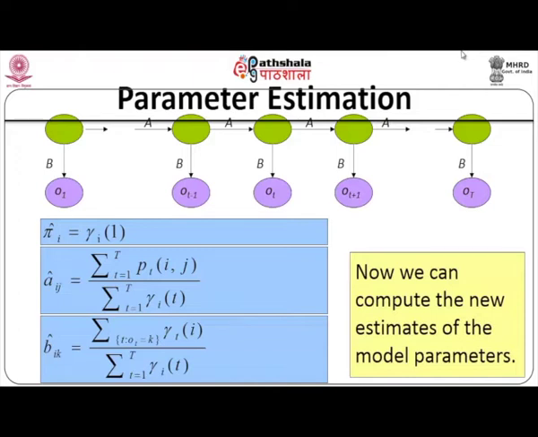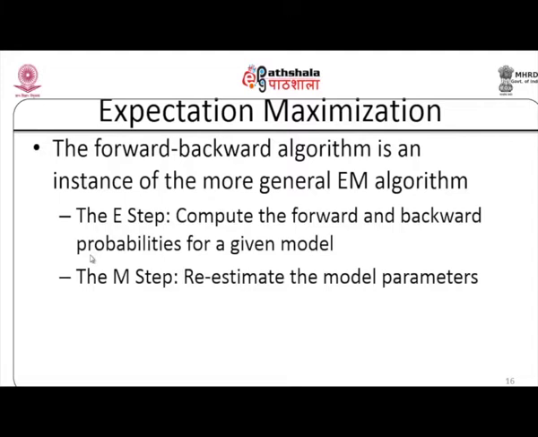Okay. Now, we will talk about the expectation maximization algorithm. We have already seen the forward backward algorithm in the previous module, when we were discussing both Baum-Welch and Viterbi. Actually, the forward backward algorithm is an instance of a more general algorithm, the EM algorithm, which we have already seen previously in a general sense.